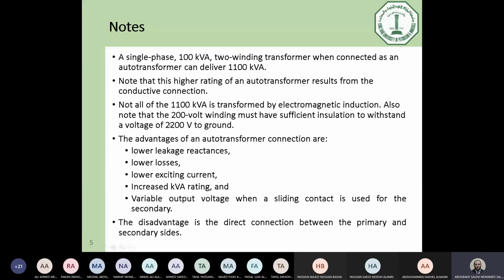So for now, the advantages of the autotransformer can be lower leakage reactances.